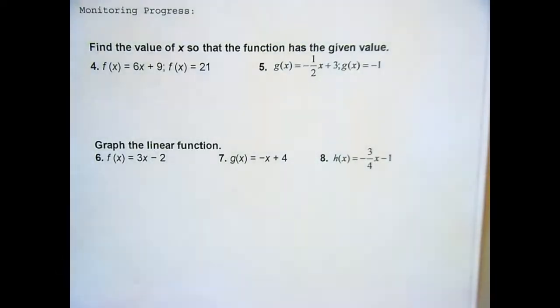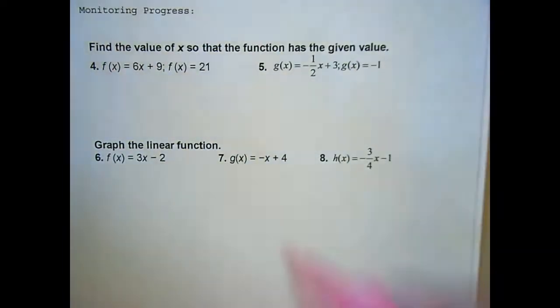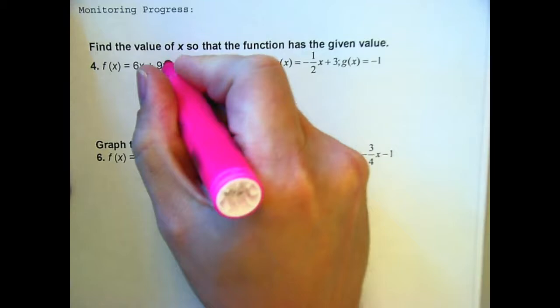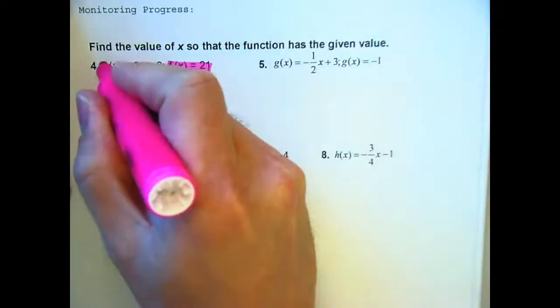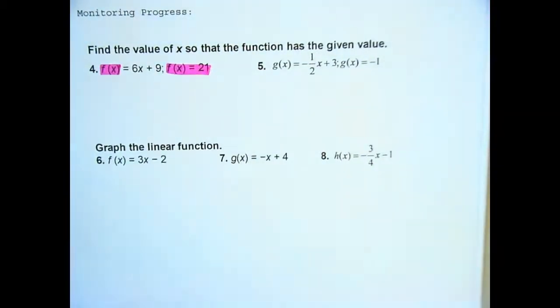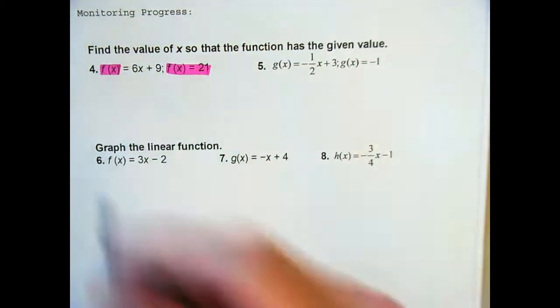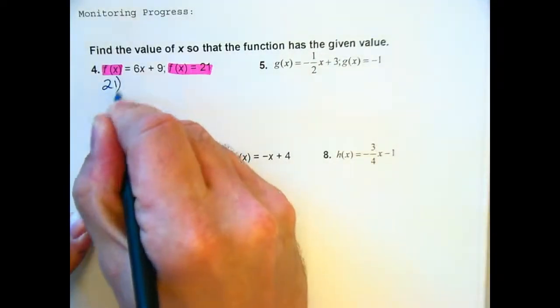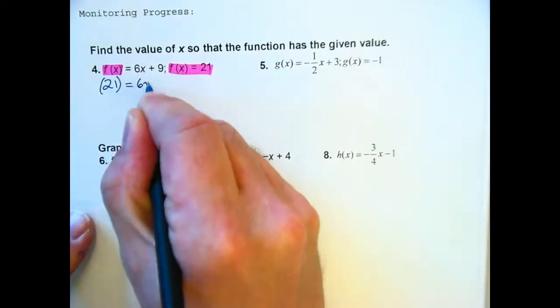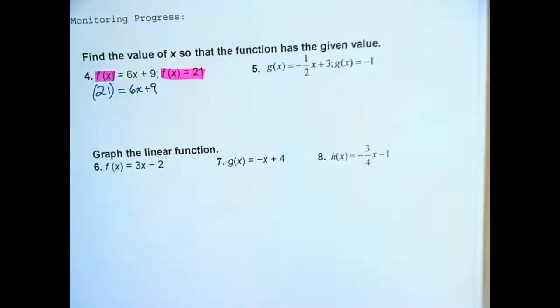Okay, were we given a value for x or f of x? F of x. So this time we replace f of x with 21. That means we replace that with the 21. Okay, so this becomes 21 equals 6x plus 9. So don't confuse yourself. There are times when you're going to see f of something.